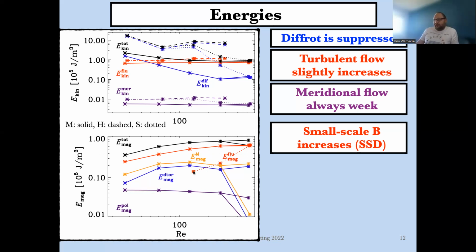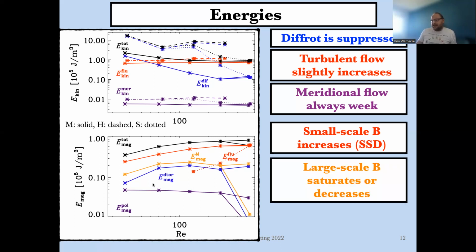For this Reynolds number it is pretty weak yet, but then in the end they become comparable. So the fluctuating magnetic field from the small scale dynamo and from the large scale dynamo, so the tangling, are basically comparable. What is also interesting is that the large scale magnetic field seems to saturate. There seems to be even a small decrease here.